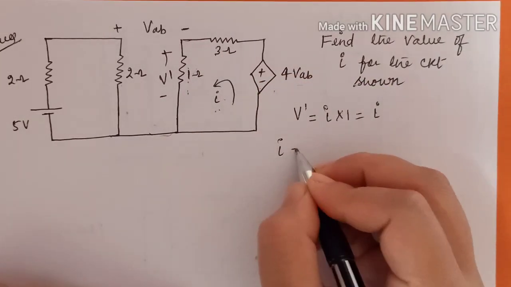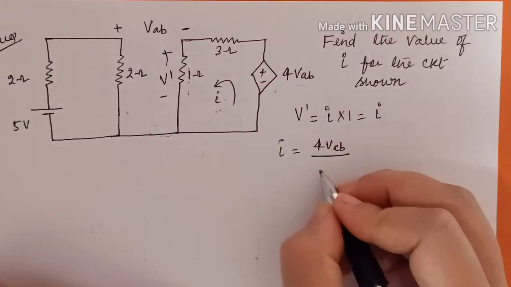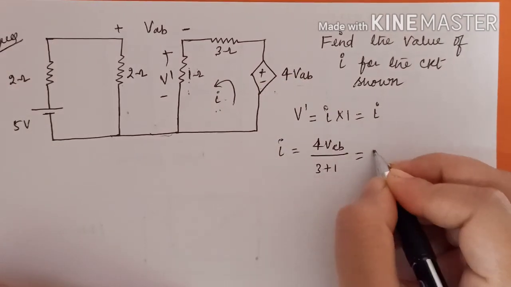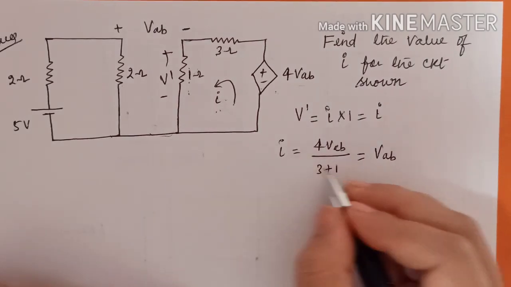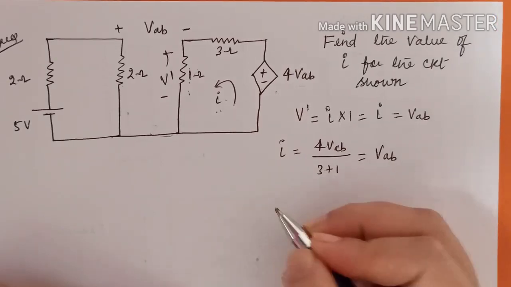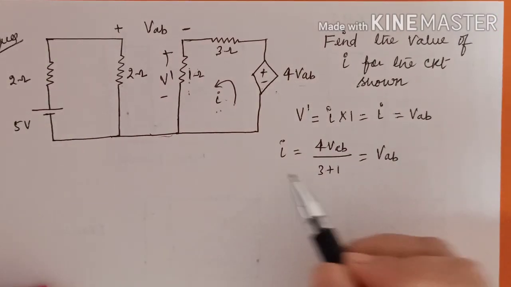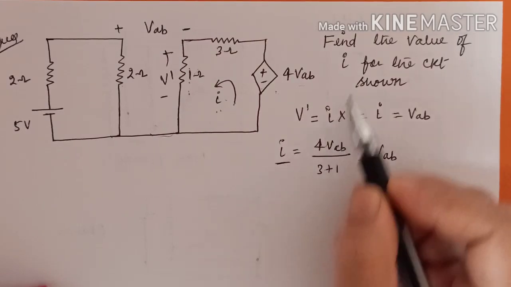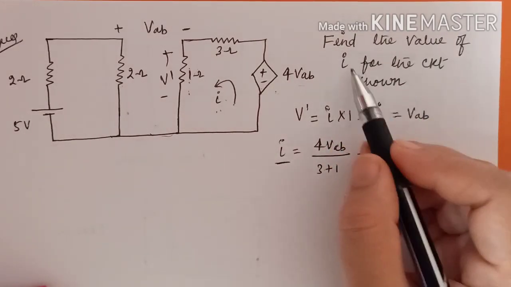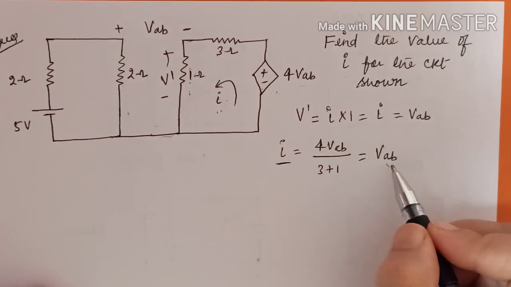So I will be 4 VAB divided by 3 plus 1 if you are applying the KVL in this loop. Clear? Means VAB. So I is coming as VAB. So V dash is also VAB. Clear? Now you need to find the VAB, then only you can find the I. This is your motive. The question was to find the value of I, but I is VAB. So now you need to find the VAB.